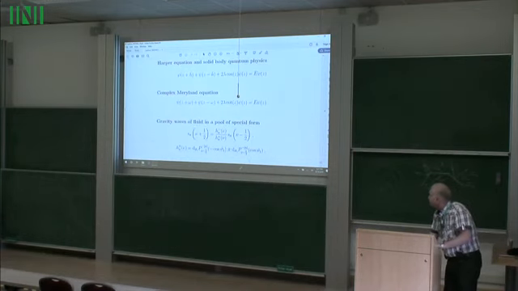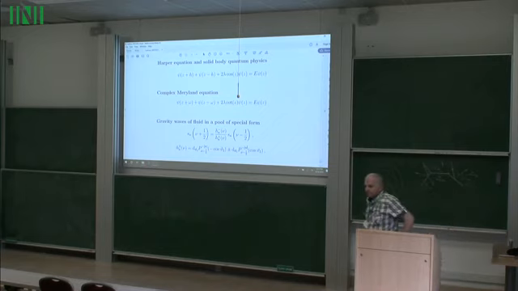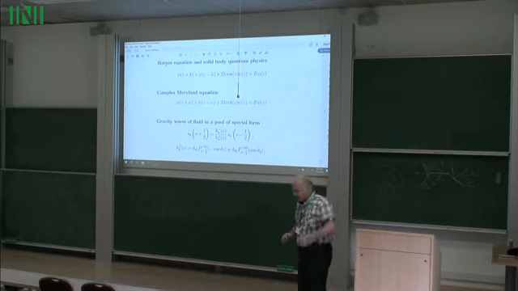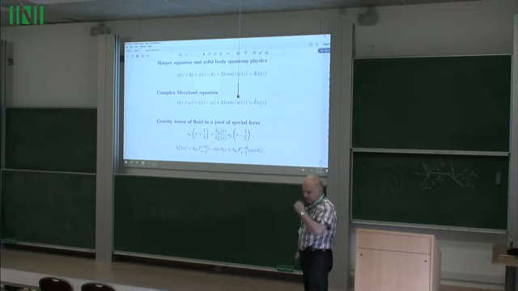Questions? Comments? How do you prove the unique solvability? Okay, it's better to say the following. There are, of course, some delicate points, but roughly speaking, if you have a homogeneous equation of this kind, the number of solutions is finite.